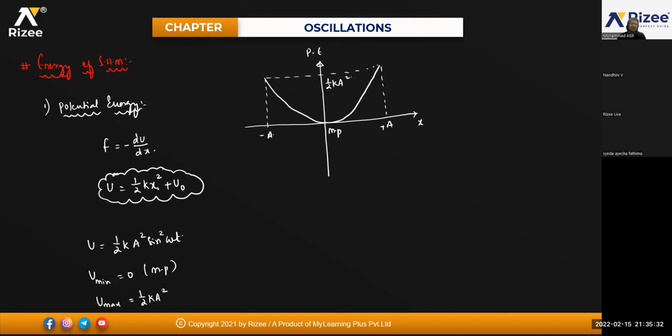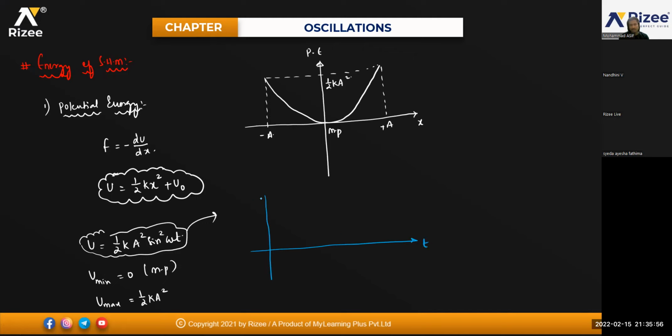Okay. Now if I'm writing the potential energy as a function of time, for this graph, it is a sine square graph, na beta. So how do you write the sine square graph? I'll draw with the other pen. This will be your very important graph.